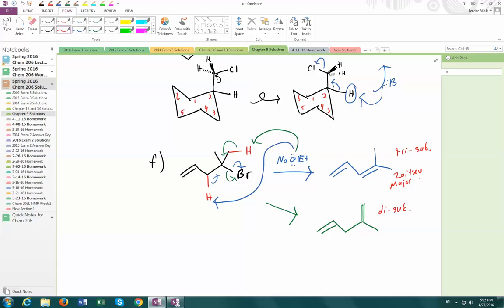Those structures you drew, are there resonance forms of them? For that top product, is there a resonance form? Anytime you've got an alkene, you can draw a resonance form. In fact, I would even say that this top one is more stable, not because it's tri-substituted, but because it's next to this pi bond, and so you can have lots of different resonance structures where these p orbitals are interacting with these p orbitals.